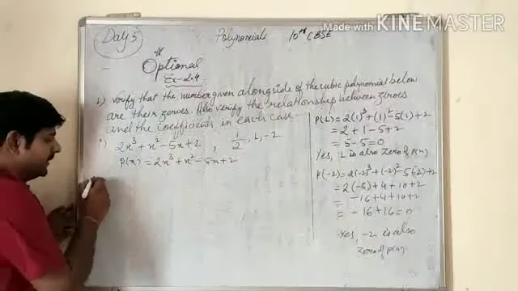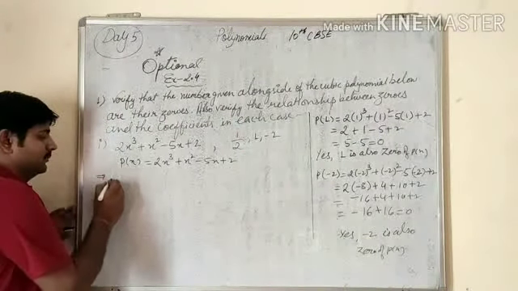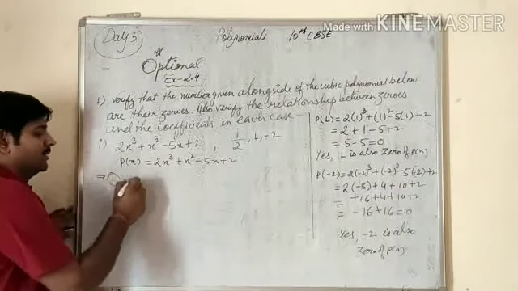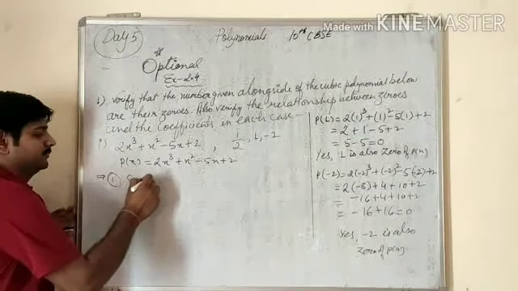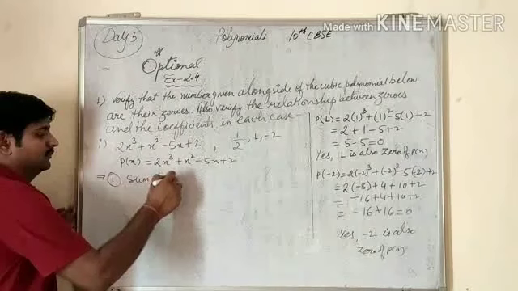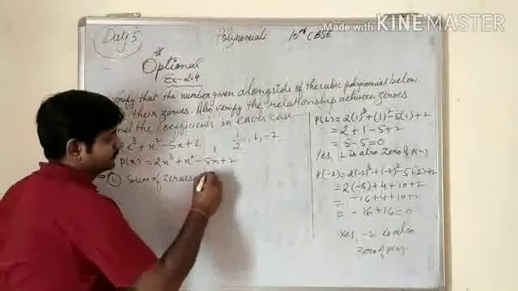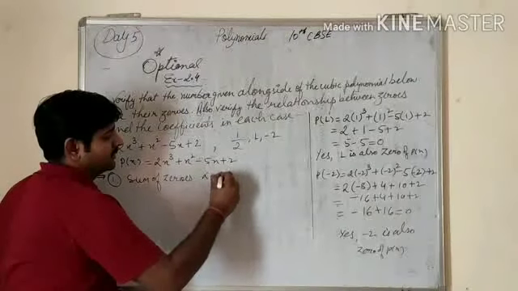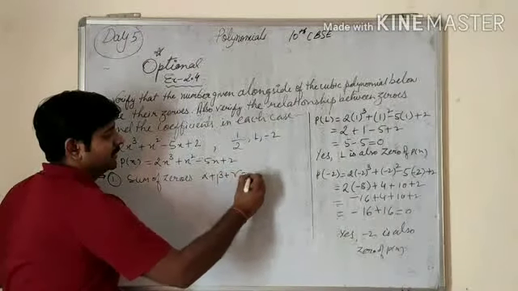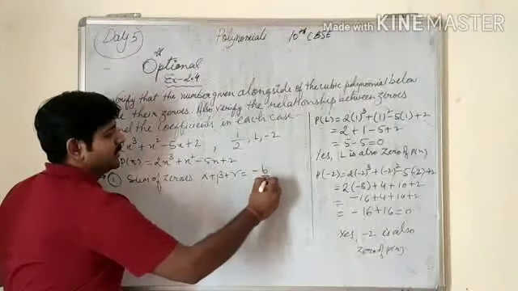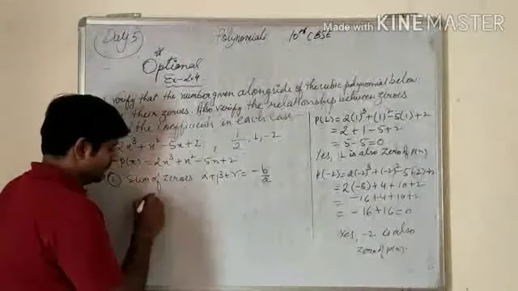So we have the first relation, sum of zeros. Its formula is alpha plus beta plus gamma equals minus b upon a.